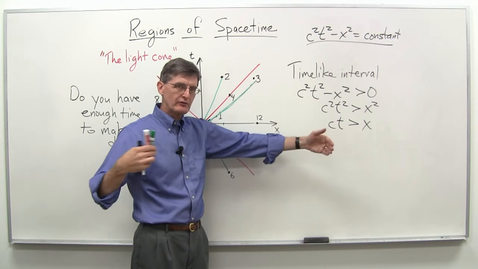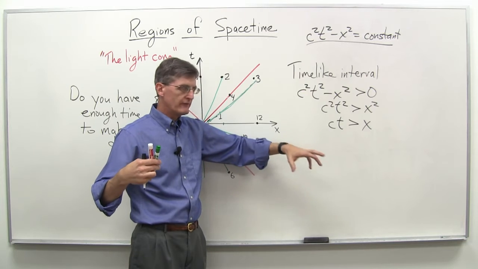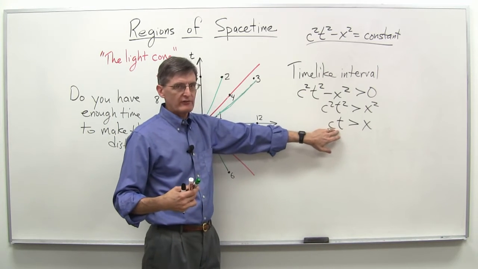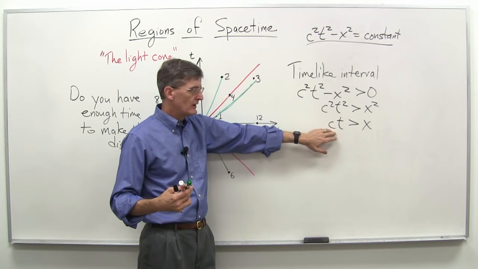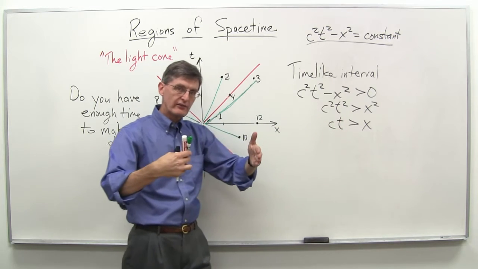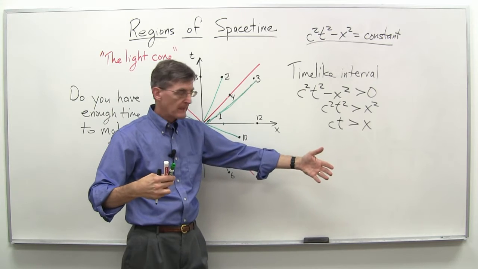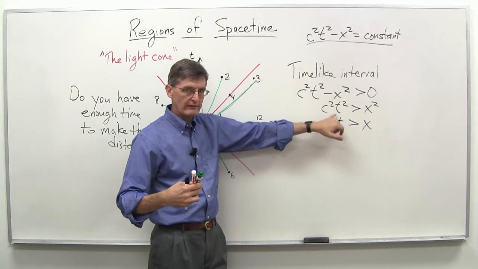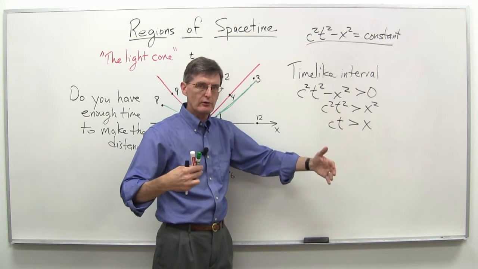If that's the ultimate speed limit, the fastest I can get someplace, then ct is the fastest I can go. Of course, you can't quite go to ct, but I can get pretty close to it. If the distance light can travel is greater than the distance I need to go, then yes, I can get there, or at least a light beam can get there in that time. So this is essentially saying the distance light can travel in the time I have is greater than the distance, and yes, it's reachable then.